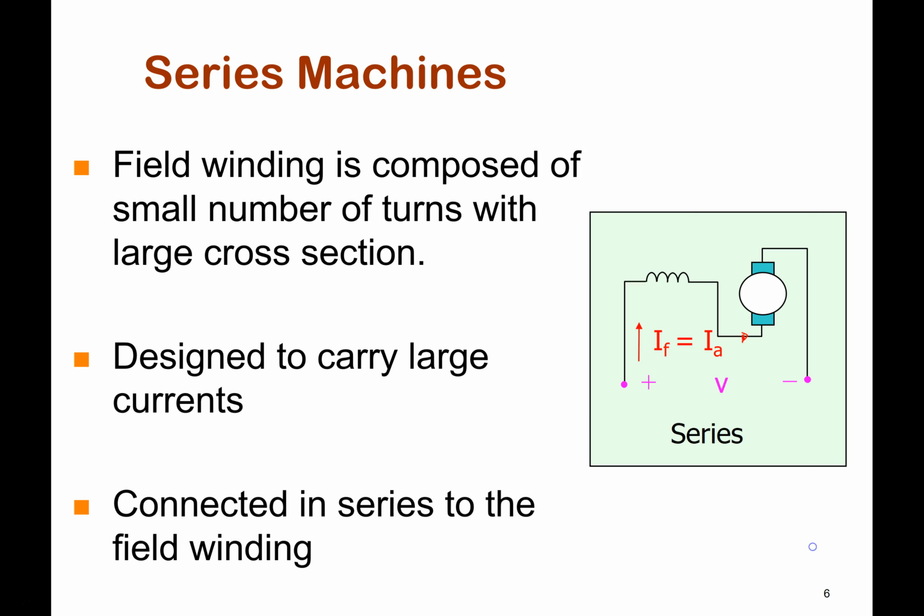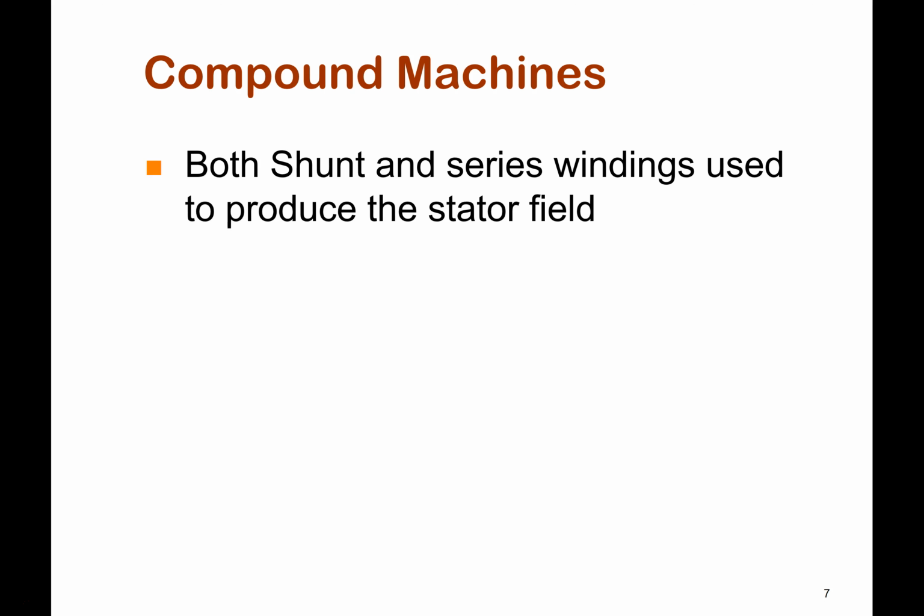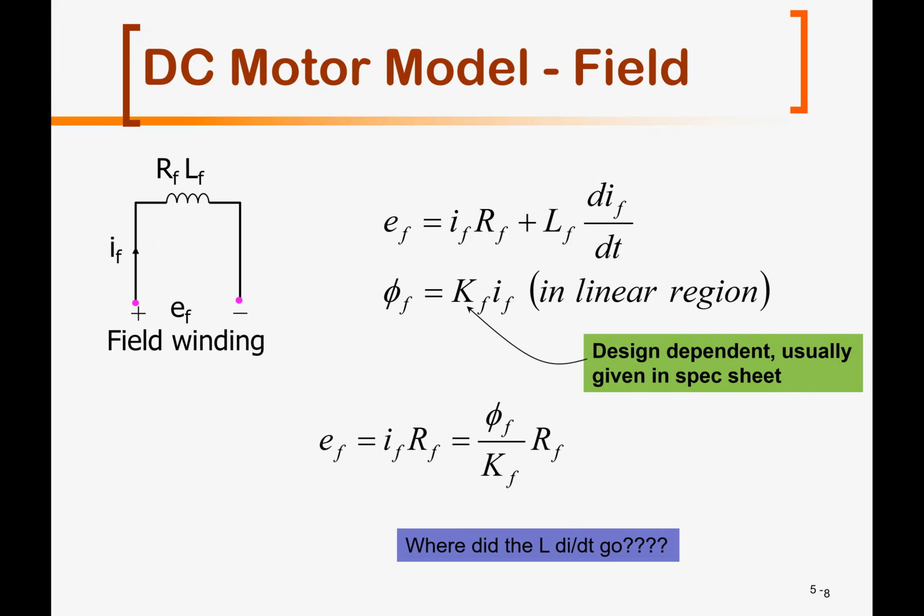So these are the basic configurations for compound machines. As we said, you have both shunt and series windings. Now, we looked previously at the armature circuit. The field circuit is very similar. The voltage across the field winding is I R plus L di/dt.